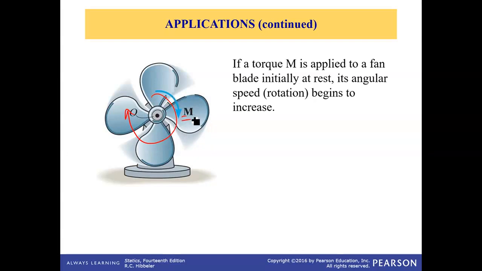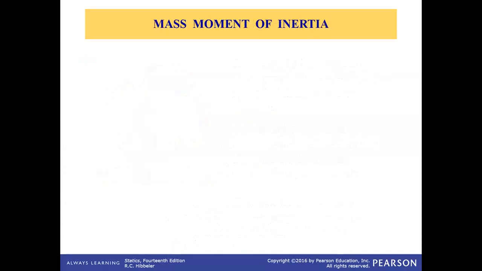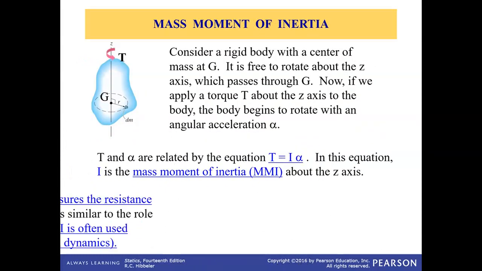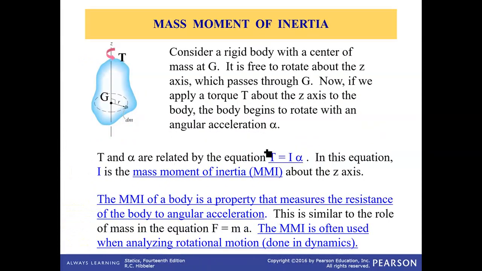For a given torque, the speed of this wheel at a certain time depends on the angular acceleration alpha, which in turn depends on the mass moment of inertia. The formula for that is T is equal to I alpha, where T is either torque or moment, I is the mass moment of inertia, and alpha is the angular acceleration.